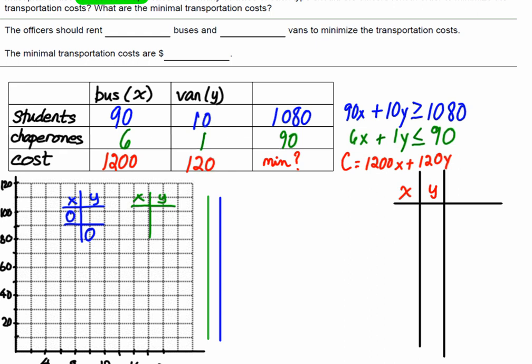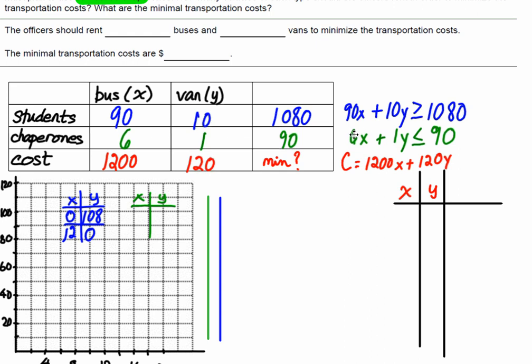So for the first equation, if I let x equal to 0, then I have to divide by 10, and y would be 108. If I let y equal to 0, then I'm dividing by 90, and x would be equal to 12.